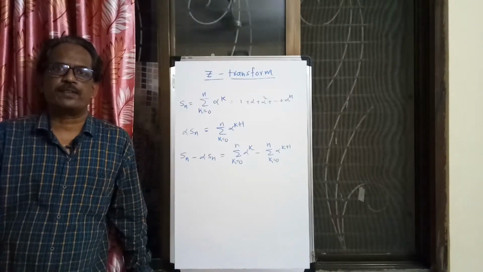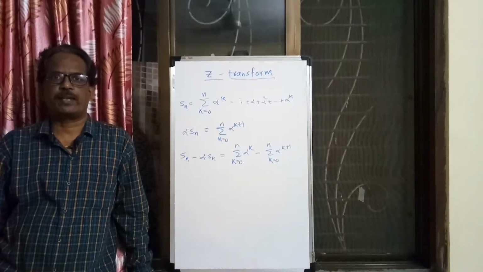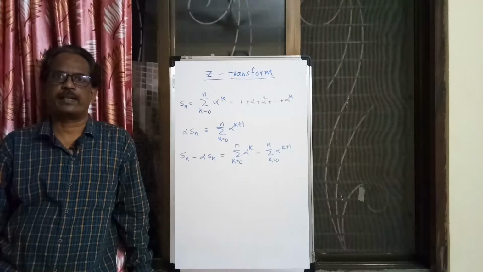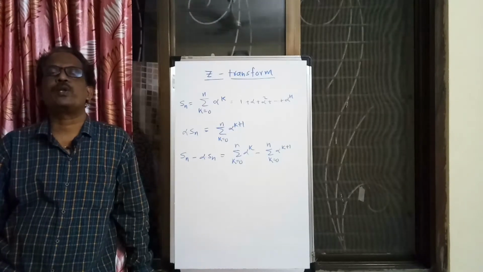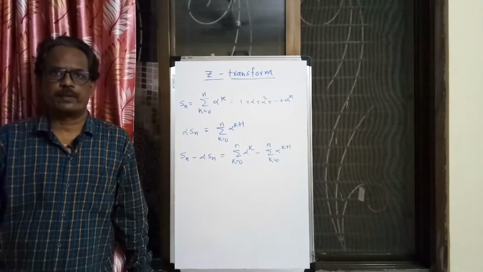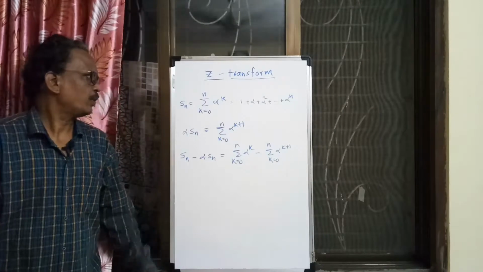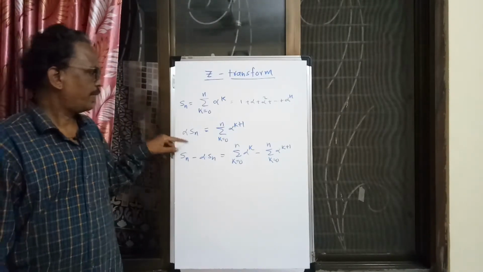Many times we come across cases where the power of alpha is minus infinity or plus infinity. In that case we need some formula, which is required many times. To derive that formula, I took this expression and multiplied it by alpha. So I am getting this.